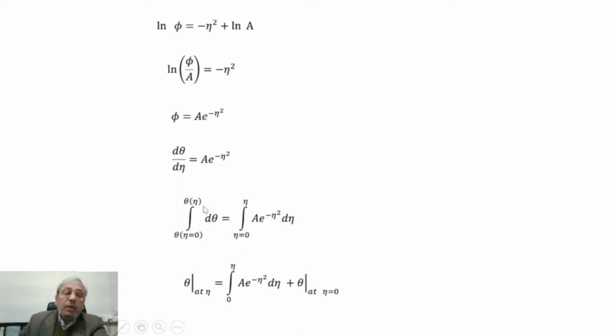So we can write from here this integration θ at η, and this will also have minus θ at η equal to 0. We are transferring that to the right hand side. So basically θ at η equal to A integration 0 to η e to the power minus η² dη plus θ at η equal to 0.